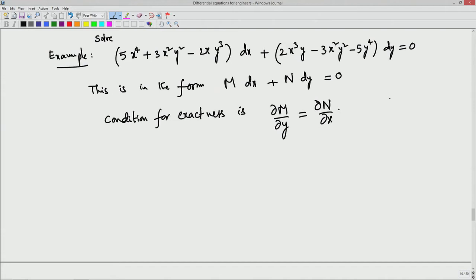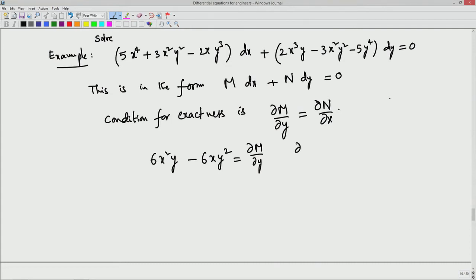If this condition is satisfied, we know how to write the solution of this equation directly. So, what is ∂M/∂y? It is 6x^2y from the second term, minus 6xy^2 from the third term. The first term is only a function of x, so its derivative with respect to y is 0.